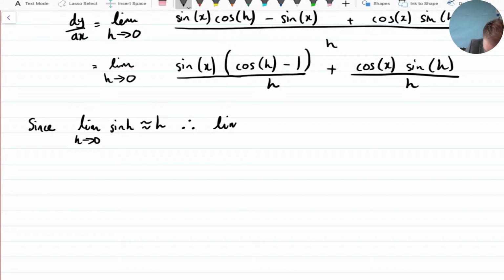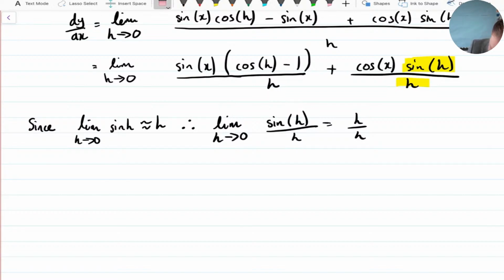Therefore, the limit of h tending towards 0 for, now I'm just going to deal with this part here, okay? So sine of h over h means that we get h over h.